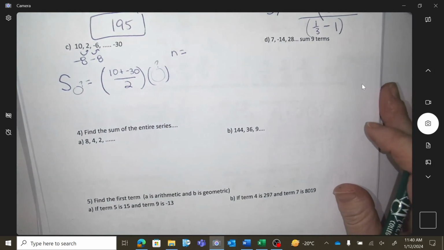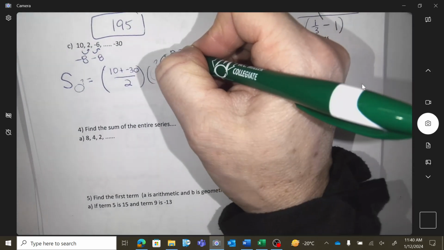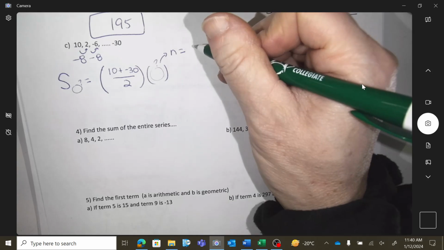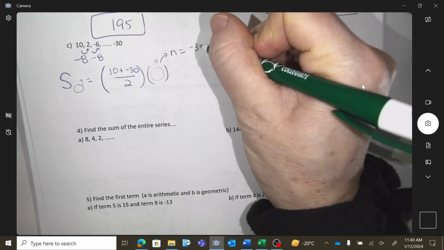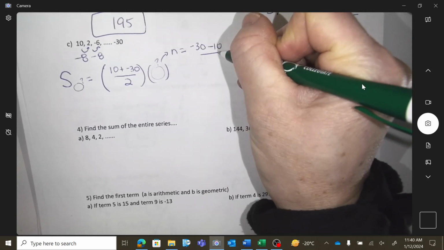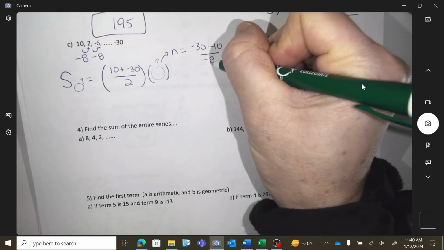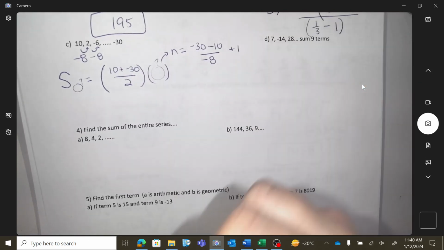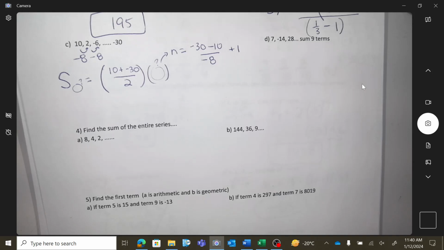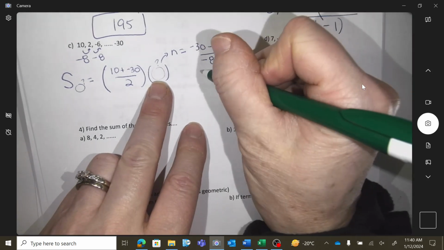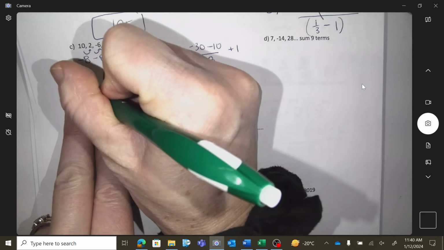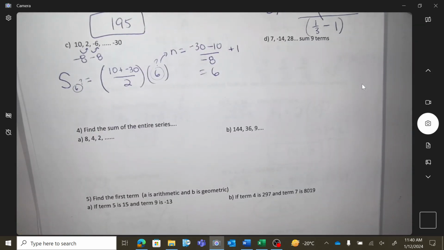So how many terms are we is a different formula. The last term minus the first term over the difference, plus 1. So in this pattern, you went to 6 terms.